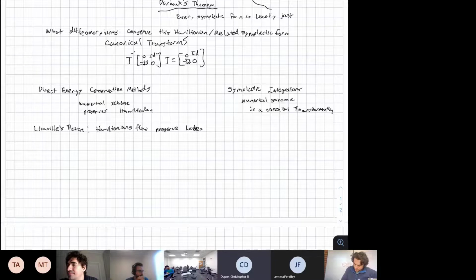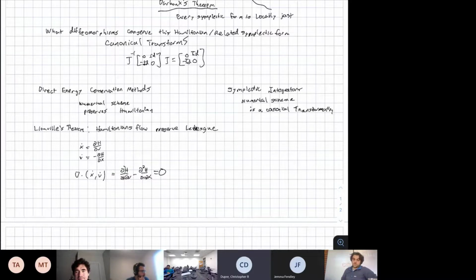And how can you see this? Well, it's actually a 2-line calculation. So x dot is equal to dH/dv, and v dot is equal to negative dH/dx. So the divergence of the vector field is just d²H/dx dv minus d²H/dv dx, which is equal to 0.